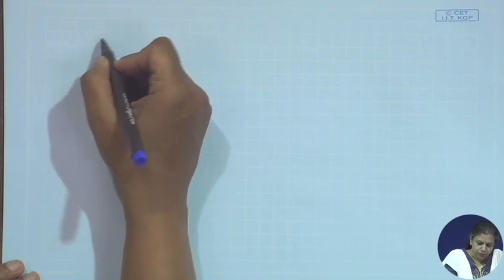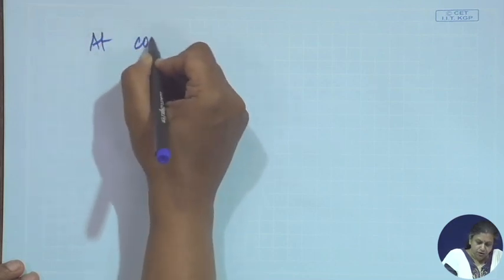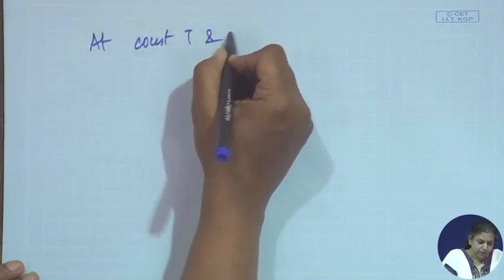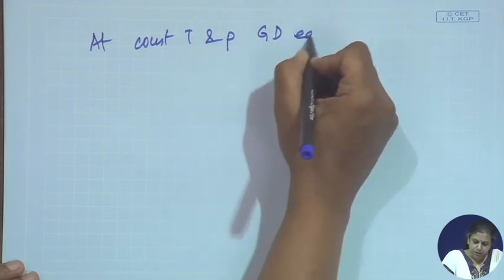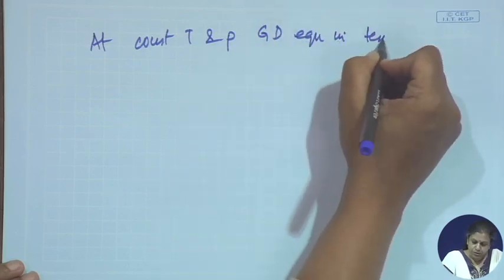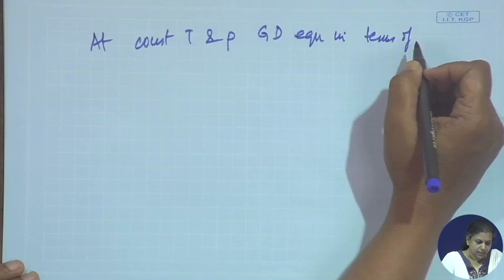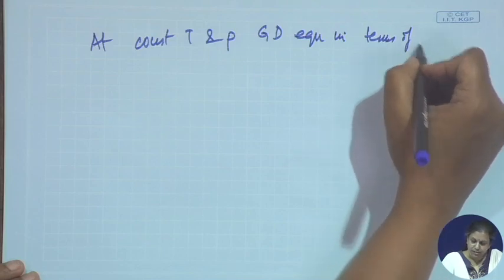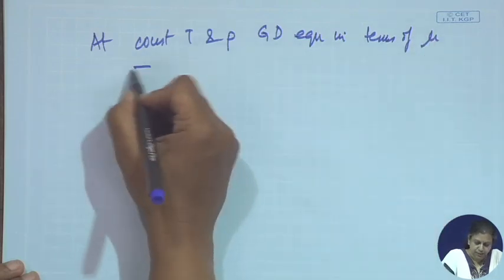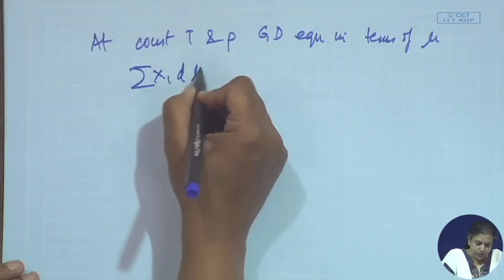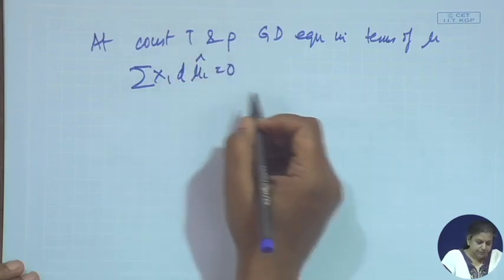Instead of starting this way, we could have also started with the Gibbs-Duhem equation in terms of mu, at constant temperature and pressure. In this particular case, we had started with gi bar in terms of fugacity or in terms of mu. We can also start with this particular equation.